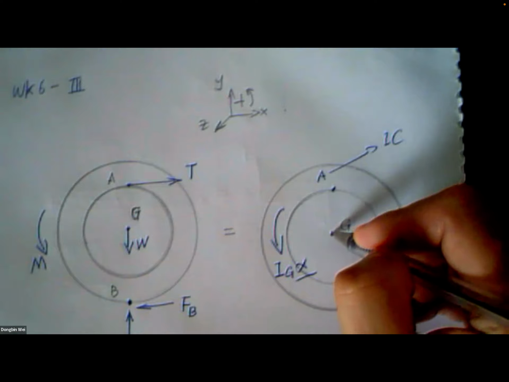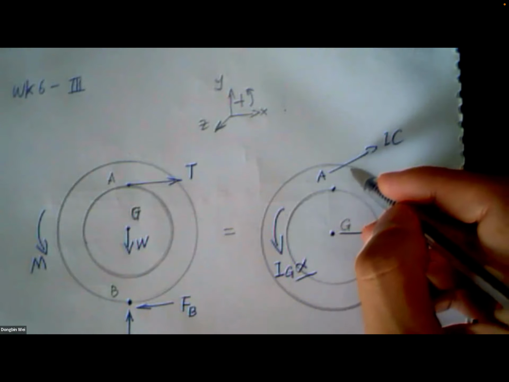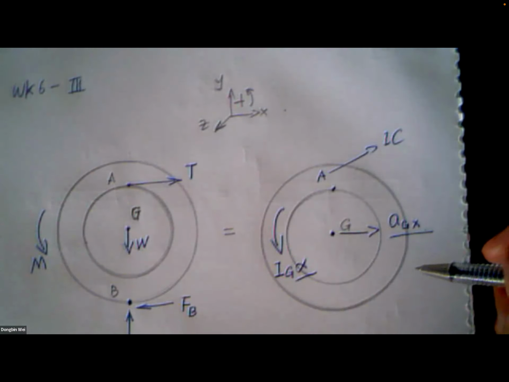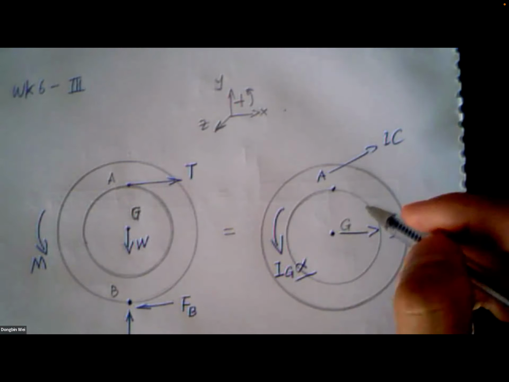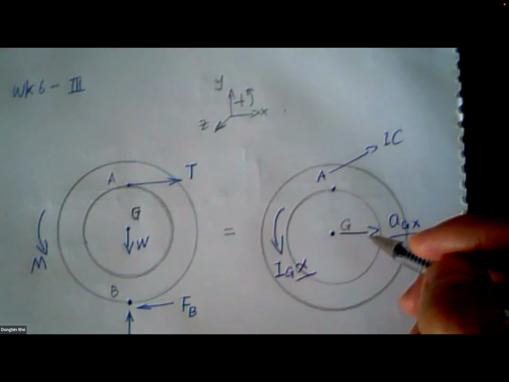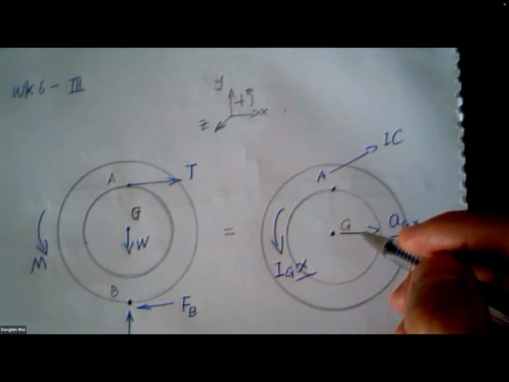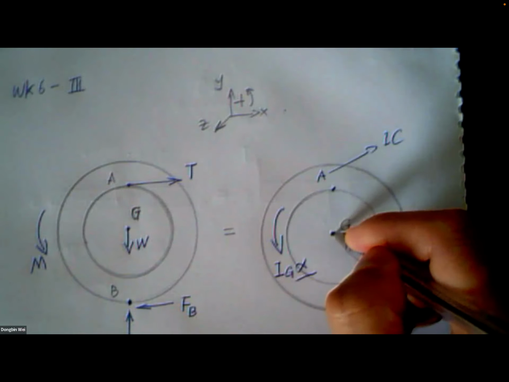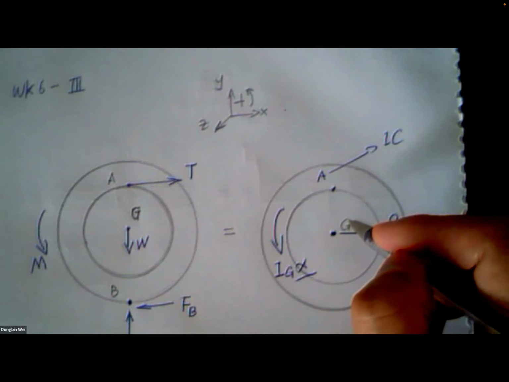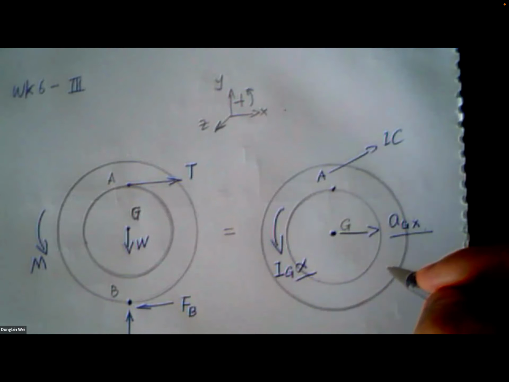For AGY, because this spool is undergoing general plane motion on a flat contact surface, if you look at the moving path of point G, it must be a horizontal straight line.